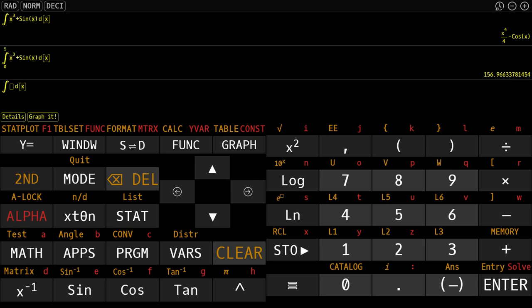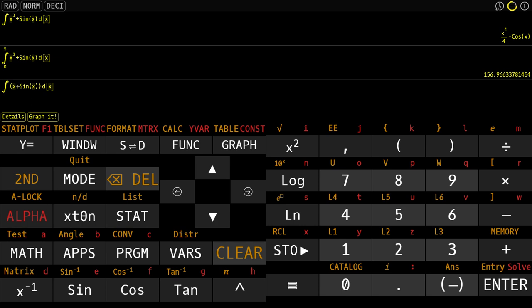So I'm going to wrap it in parentheses, and it's not going to be super, super tricky. All I want is x divided by sine x, close parentheses, and then close another set of parentheses. And enter.